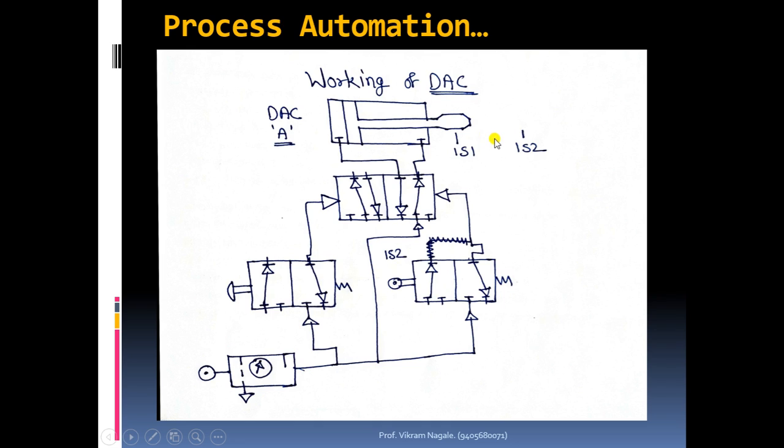And when this rod end is moving towards 1S2 but has not reached this position, it's in between 1S1 and 1S2, then in that case both sides will be unpressurized. That means there won't be any pressure on either side.